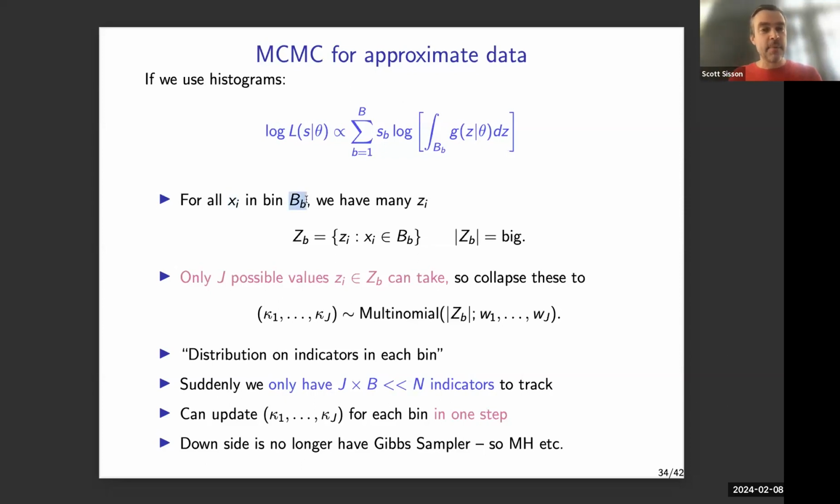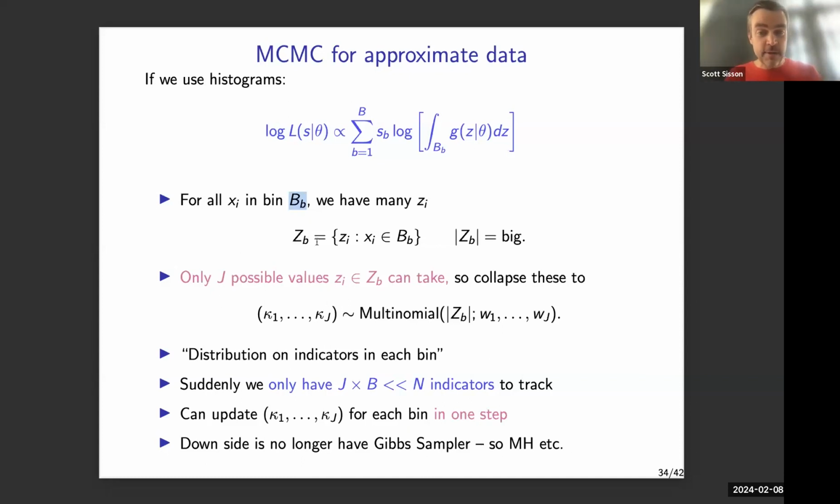And once the data is in a bin, I can't distinguish one xi in that bin from any other xi in that bin. Now each xi has a zi that goes with it, which means that within one bin, I can't distinguish which zi goes with which xi, or any relationships between those zi's. They're all mingled together in this bin.